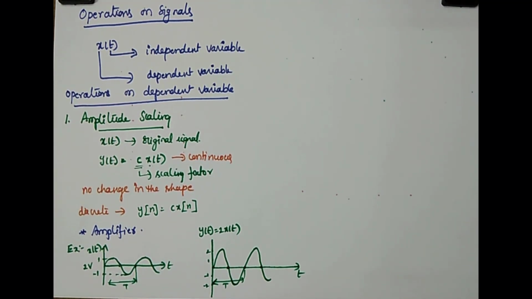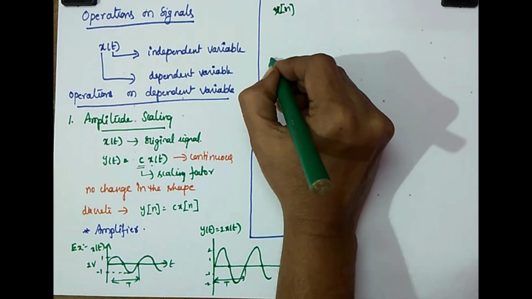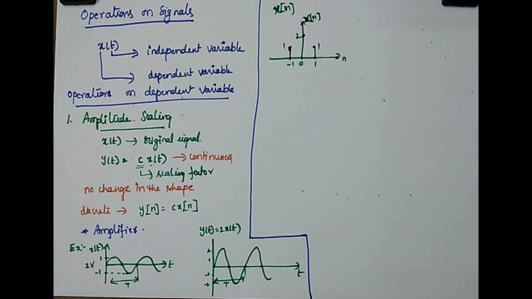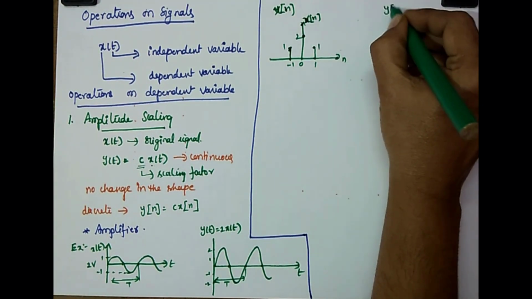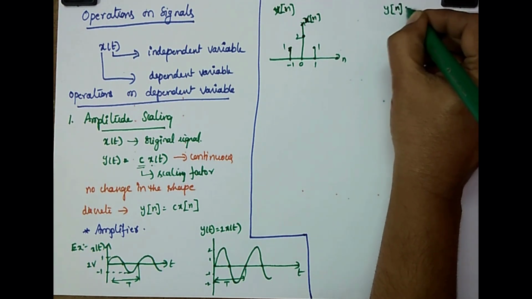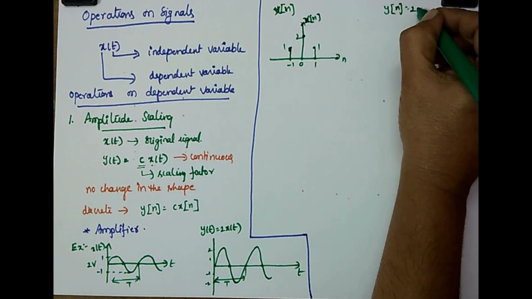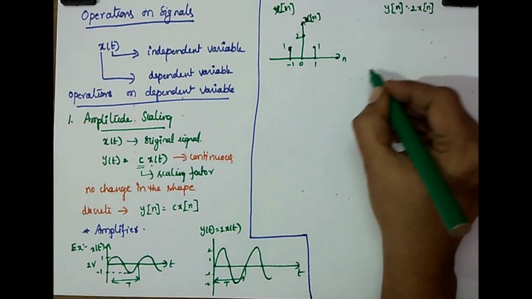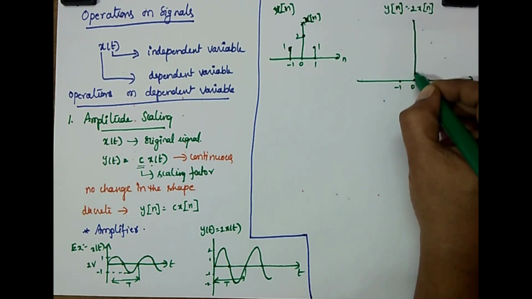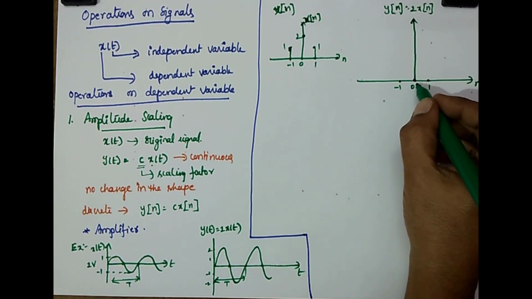Suppose x of n is like this, then we want to draw y of n, that is 2 into x of n. What is the amplitude for the sample at n equal to 0?